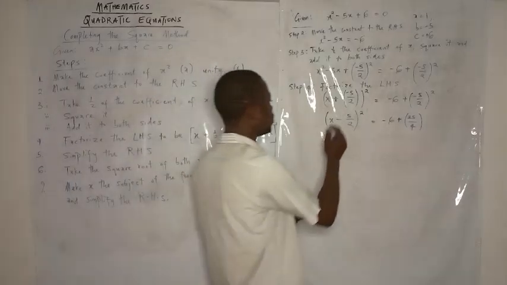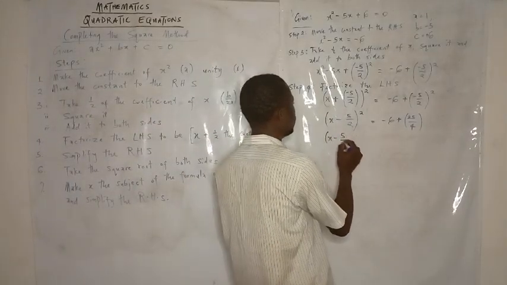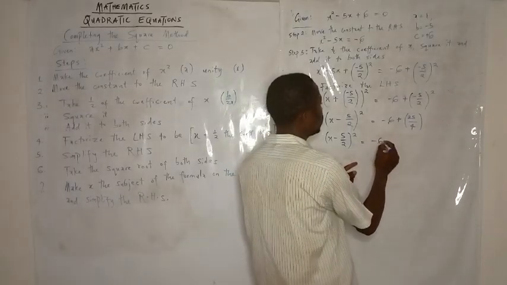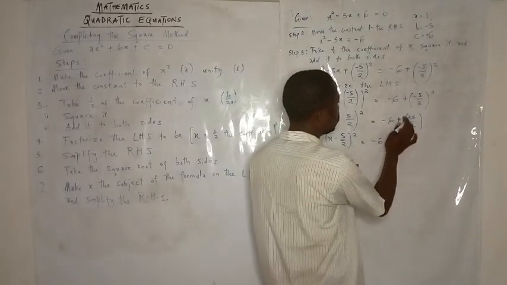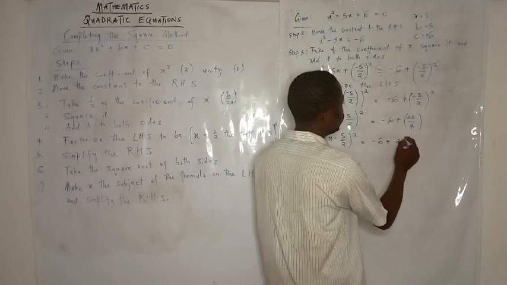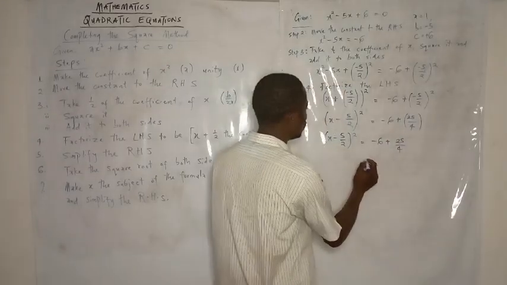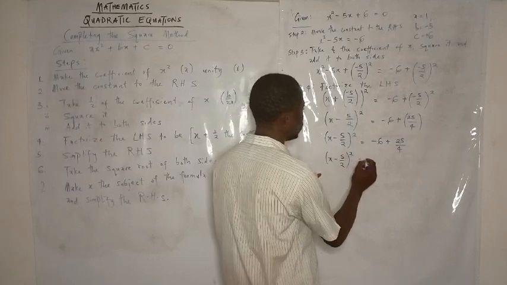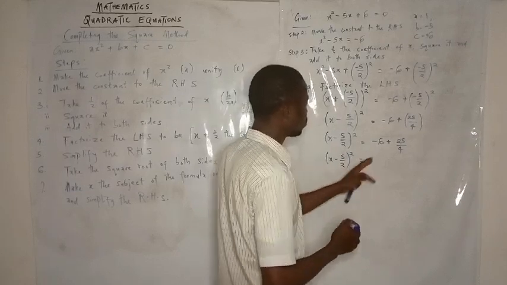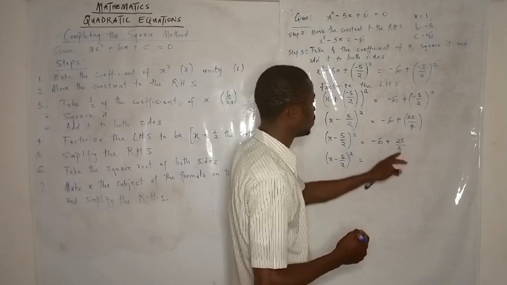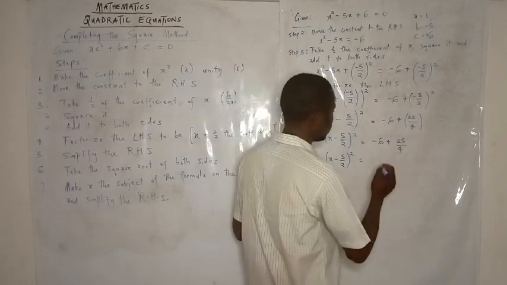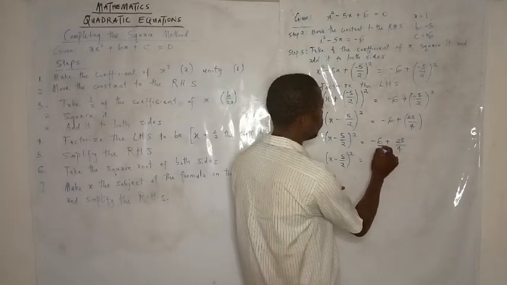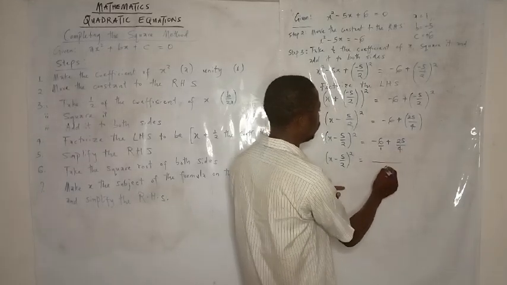So let's simplify it. We have x minus 5 over 2 all squared is equal to minus 6. We can remove these brackets to give us plus 25 over 4. So if we simplify this, this will be over 1, and the LCM of 4 and 1 will be 4.